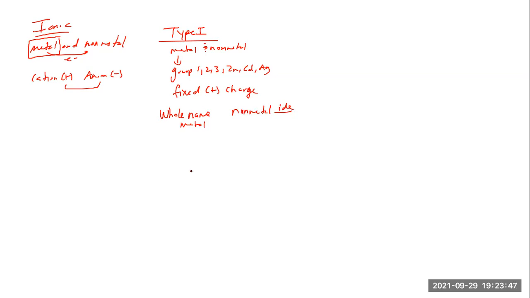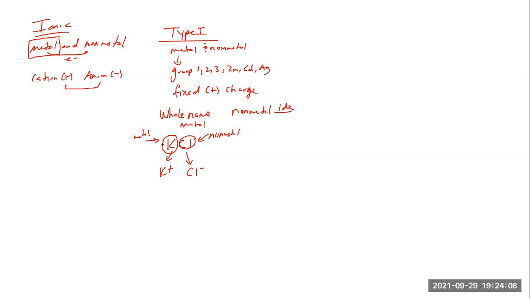And again, that is the guy that gets the IDE after it. For example, if we had KCl, K is really potassium with a +1 charge. Cl is chloride with a -1 charge. But most importantly here, that is a metal. That is a non-metal.